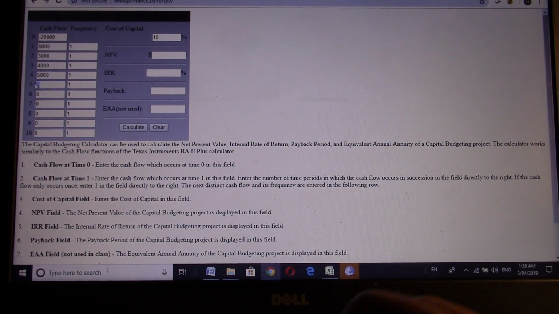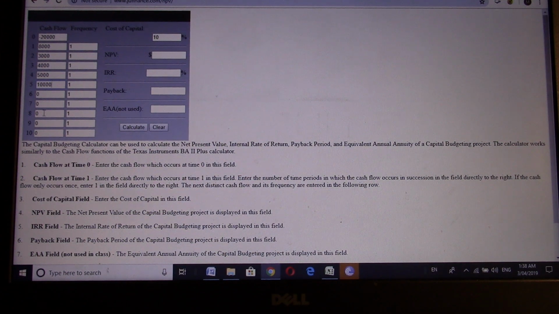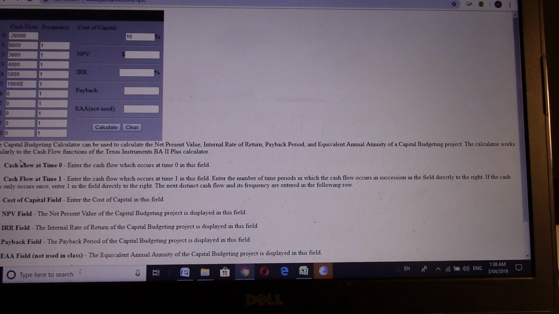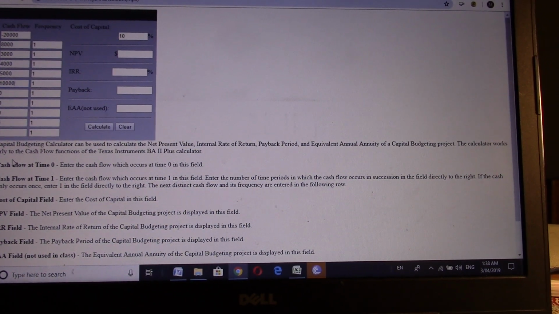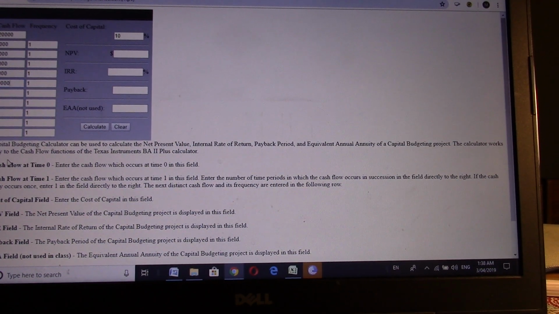So it's a 5-year project. The free cash flow is just like pure profit, so pure profits are given. The project costs you $20,000 at the beginning.